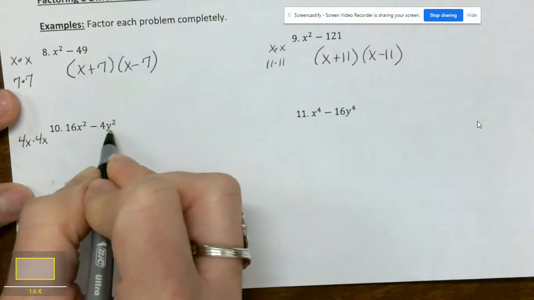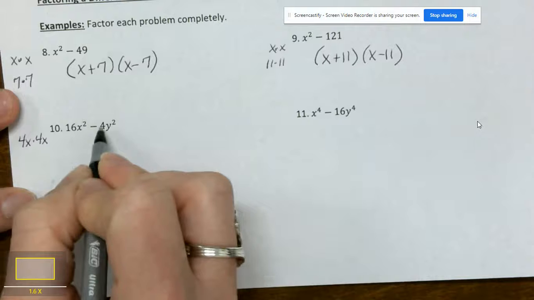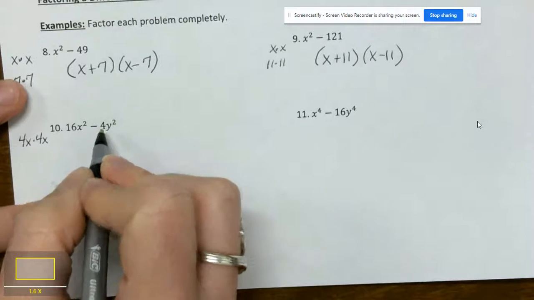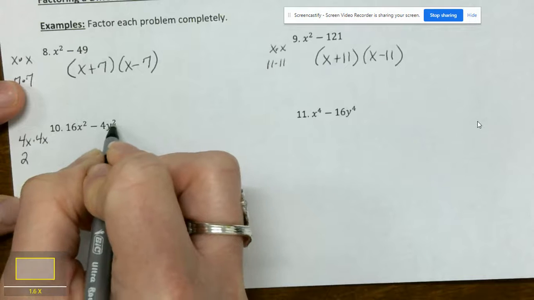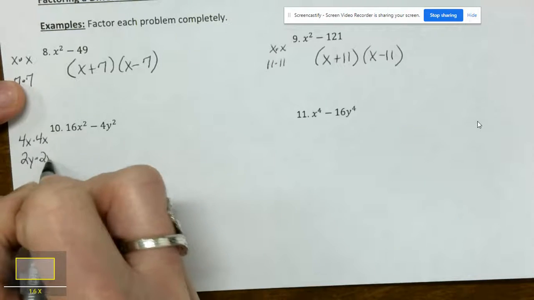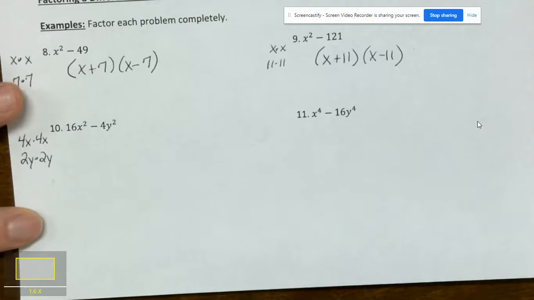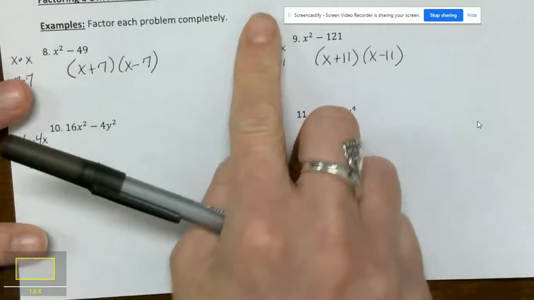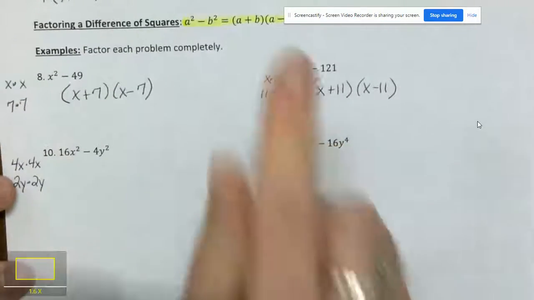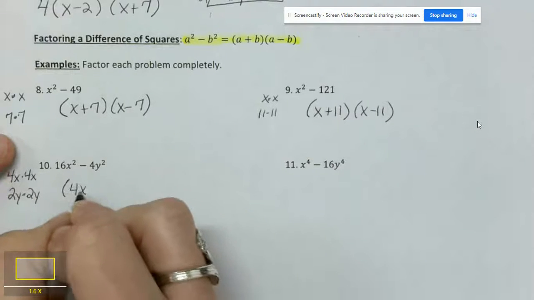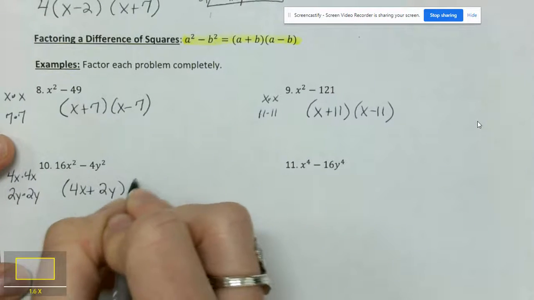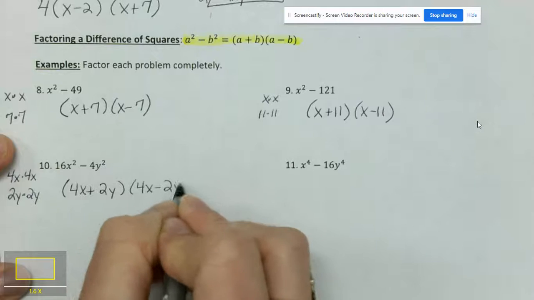All right, 4y squared. Hopefully you know that just to get 4, you square 2. So 2, and then y squared would be 2y. So it's 2y and 2y. That gives you 4y squared. So if we apply the rule up here, this is going to be 4x plus 2y times 4x minus 2y.